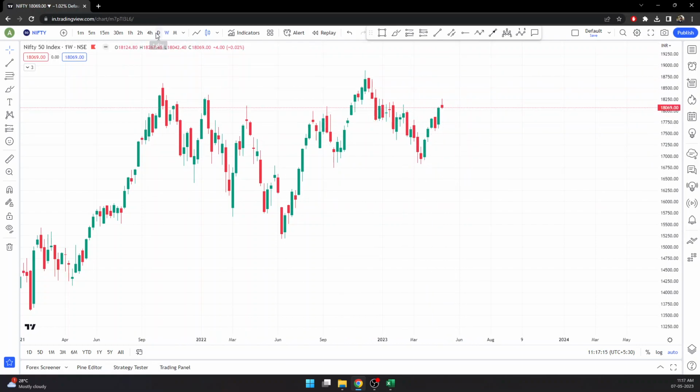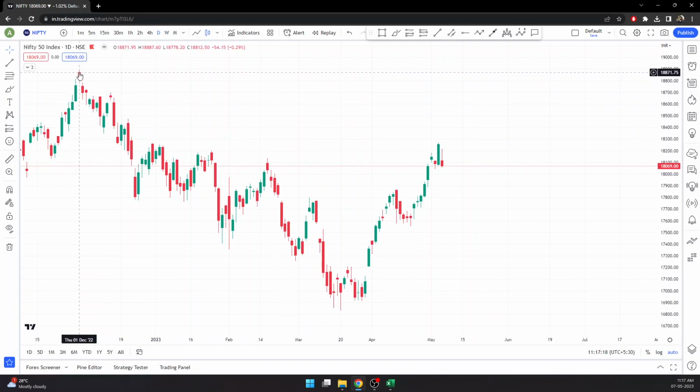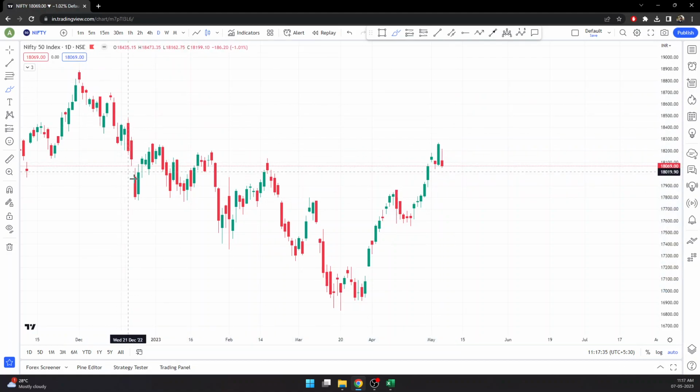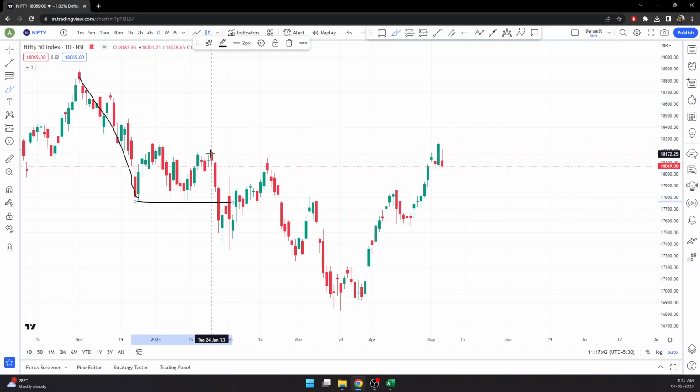So let's go to the daily time frame. For us, this is the correction phase, and then it has now started going upward into the main trend direction, right? If we try to analyze the correction phase here, we can say it has made this low, then this low was broken, then it again broke this low here.